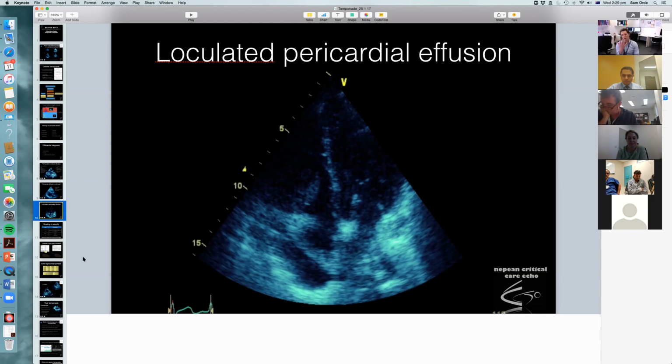So I think a nice thing to describe, if someone talks about how you use echo to manage patients with tamponade for diagnosis, is saying that it can be a little hard in patients who are being mechanically ventilated. I probably opt for draining these things more in patients who are mechanically ventilated and in a shock state, because I find it harder to diagnose.